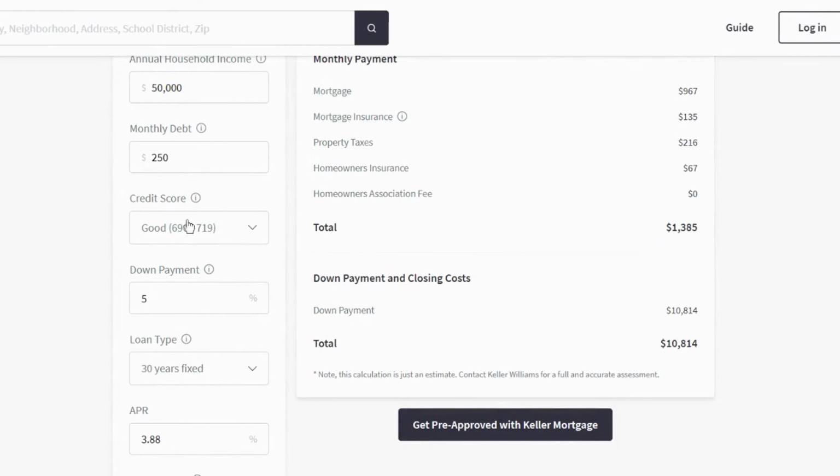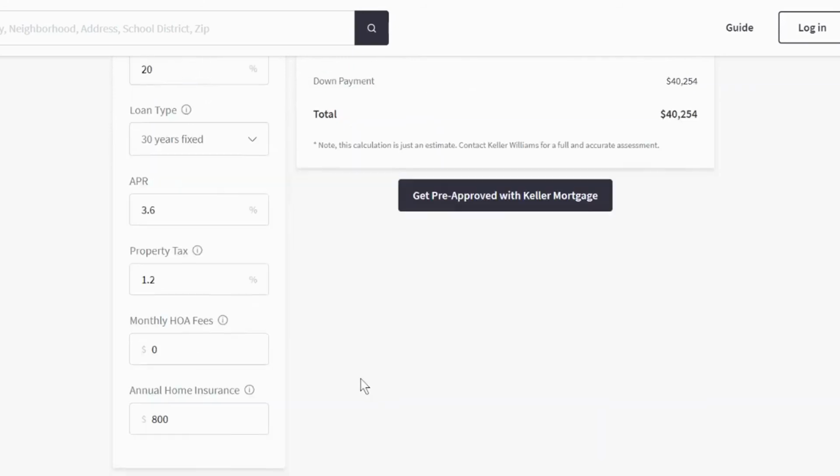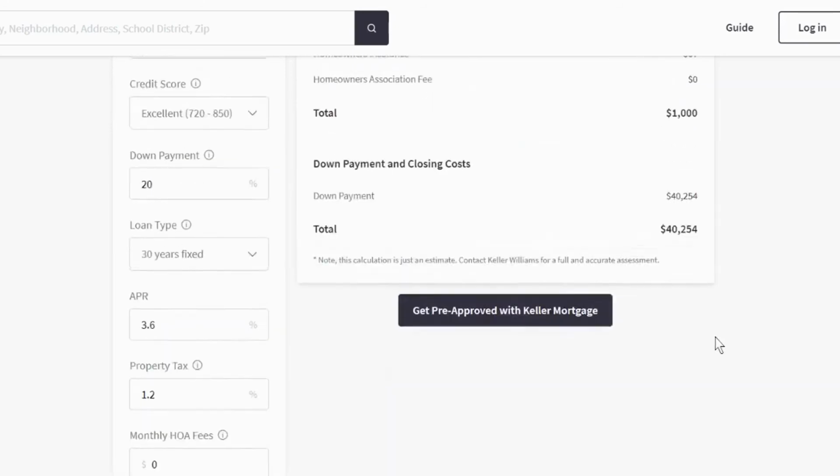If you want to see what the impact is, if you had a little bit of higher debt, maybe your credit was excellent, say 20% down, and the PMI insurance disappears.